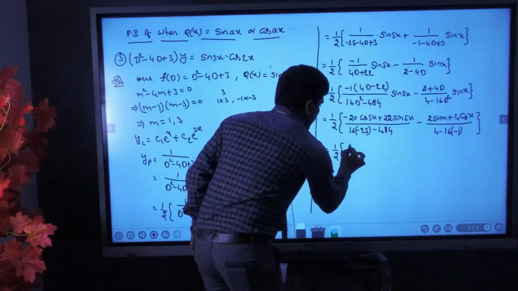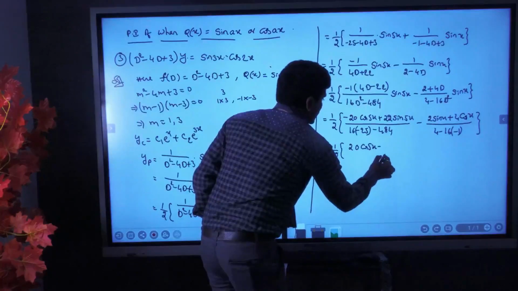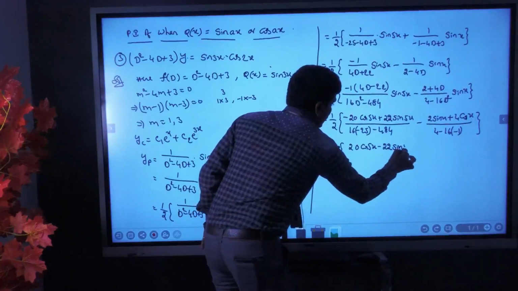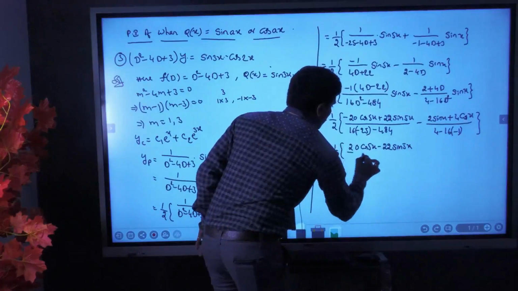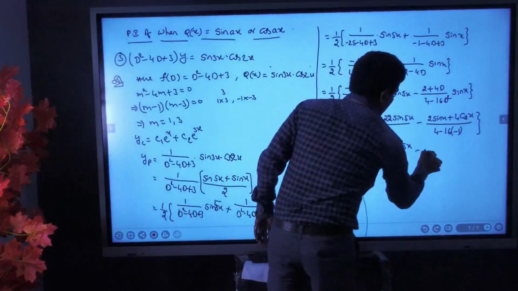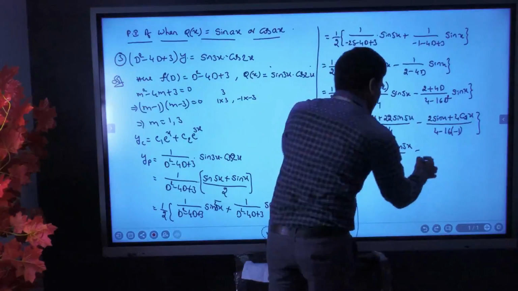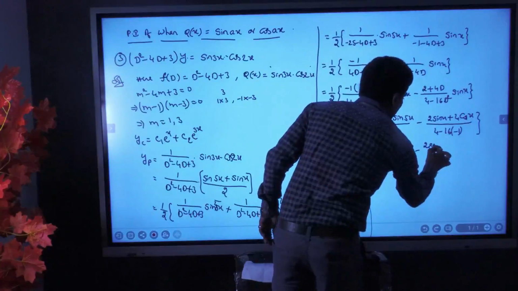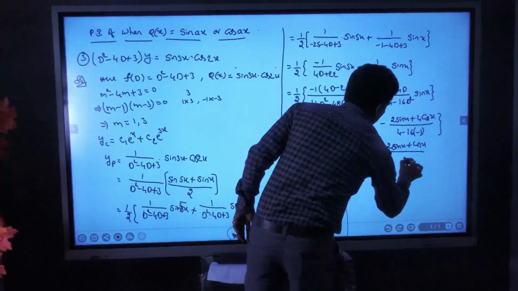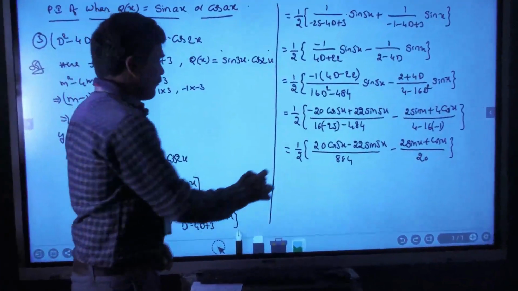So here we get 20 cos 5x minus 22 sin 5x by 884, minus here 4 minus of minus 20 we get. So 2 sin x plus 4 cos x by 20. So this is our yp.